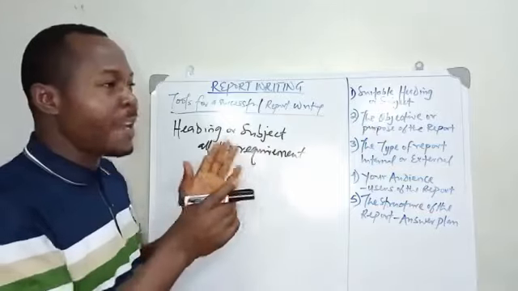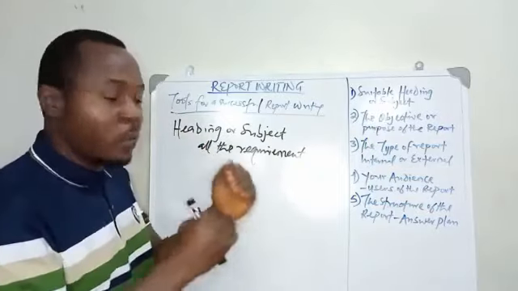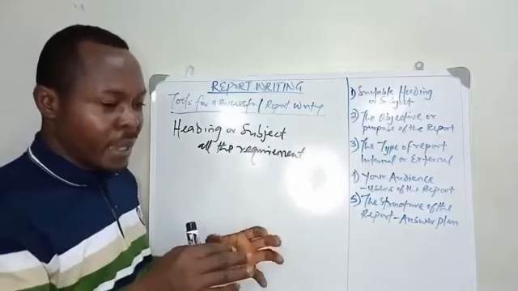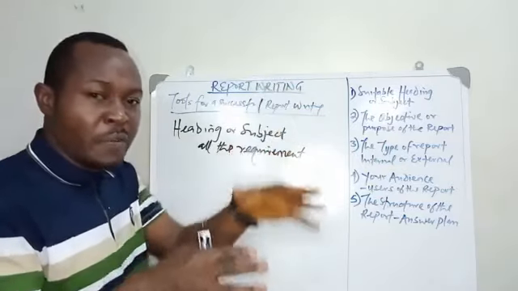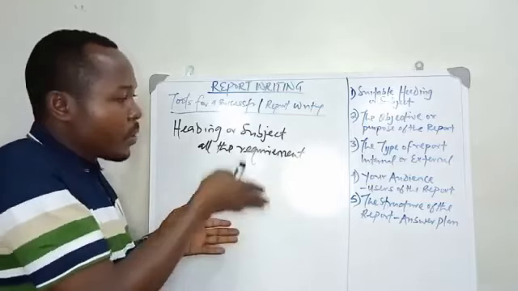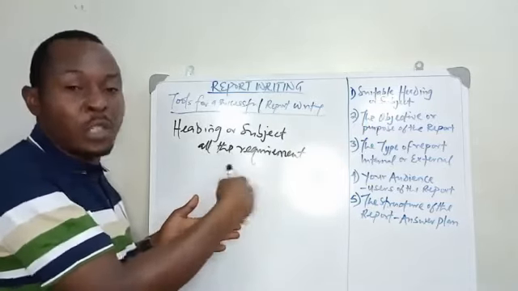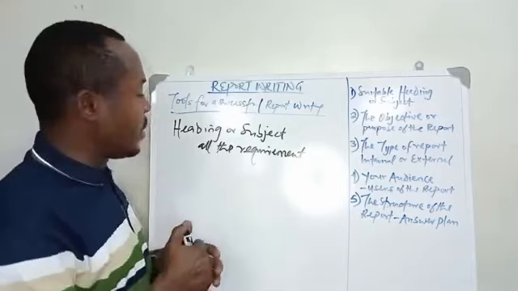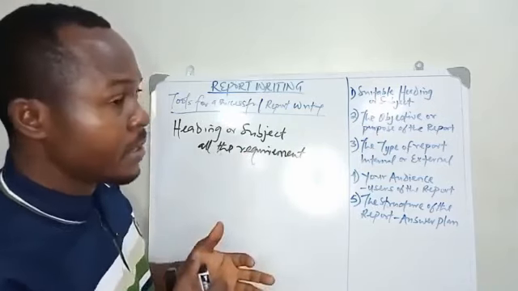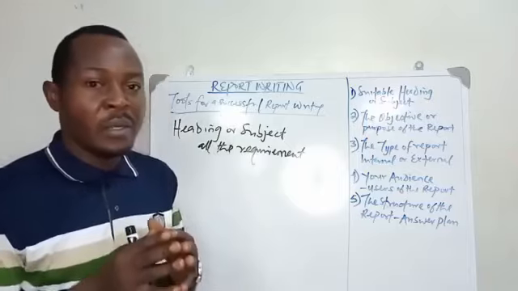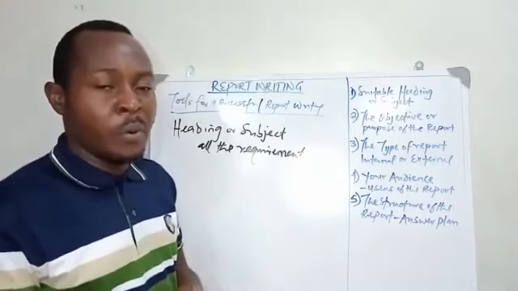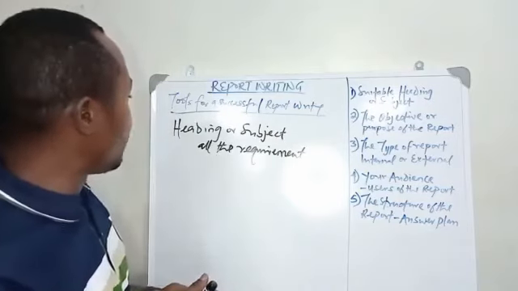You must find a way to summarize your subject in such a way that it will tell us the body of this report is answering all the requirements that you are expected to write. So your subject must be very captivating, and it must tell us what we're about to see in the report. I hope we are following.